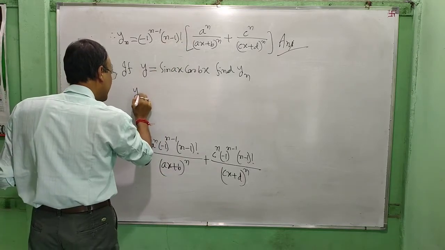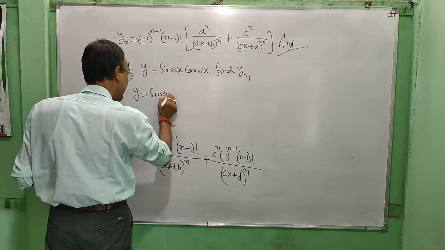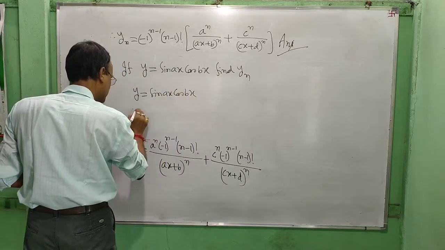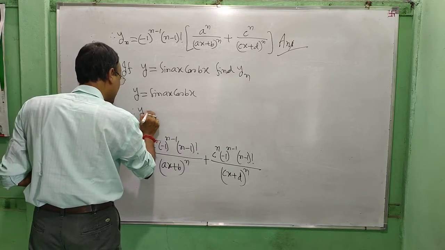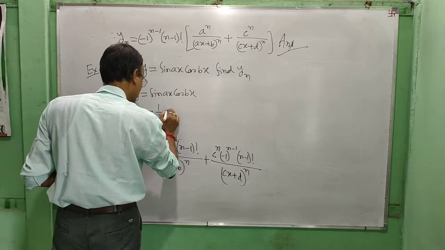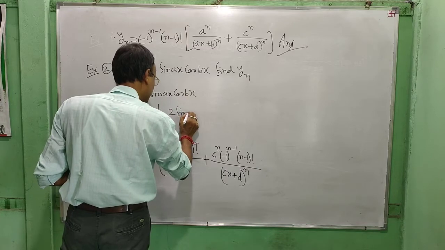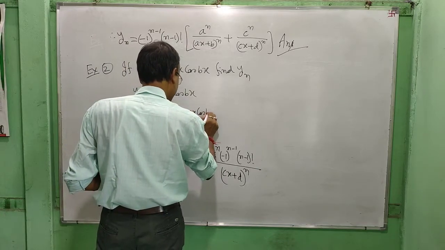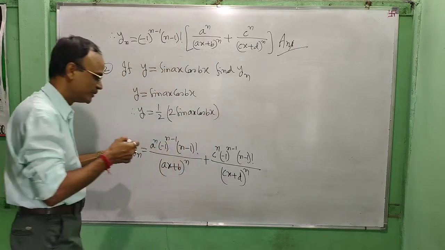See, y is equal to sin ax cos bx. Therefore, y can be written as half into 2 times sin ax into cos bx.